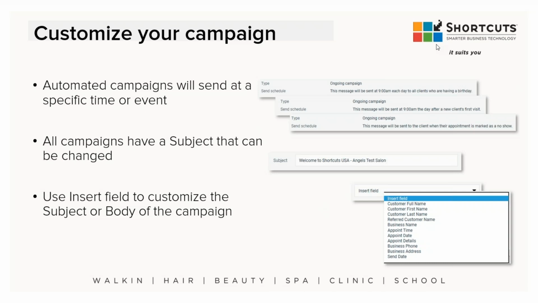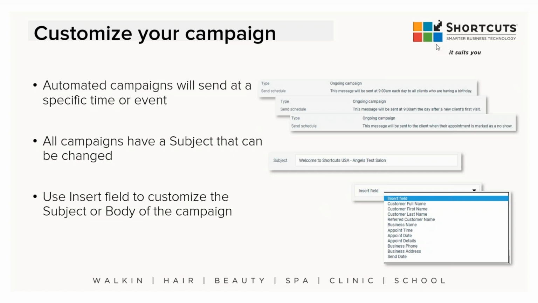They just look at the subject. And you can also use the insert field pull down to customize either the subject or the body of the campaign. So for example, at the very top of the message, if you're creating a welcome email for your customers and you say, welcome to Angel Salon, then you can use the little pull down menu that says insert field and insert the customer's first name.